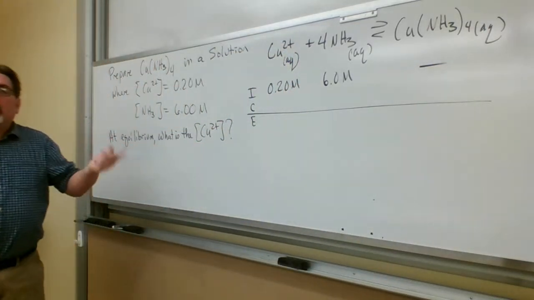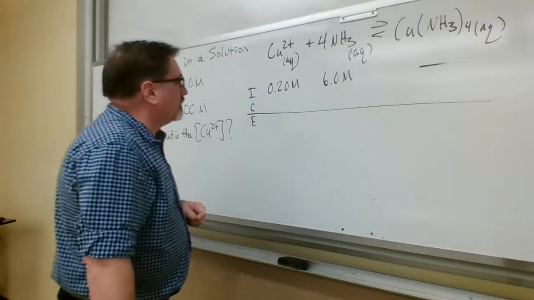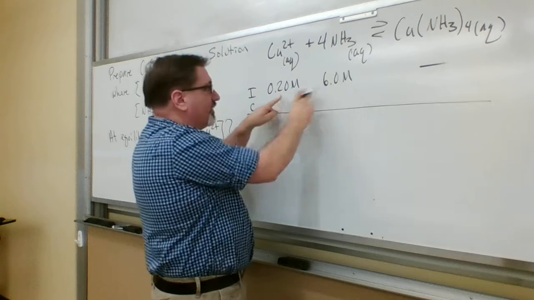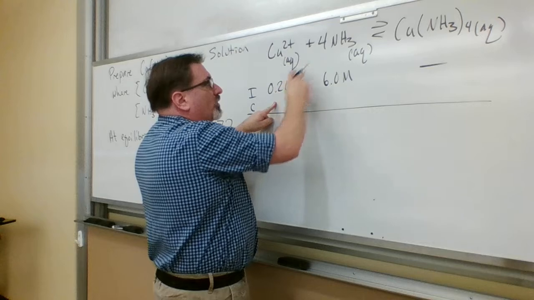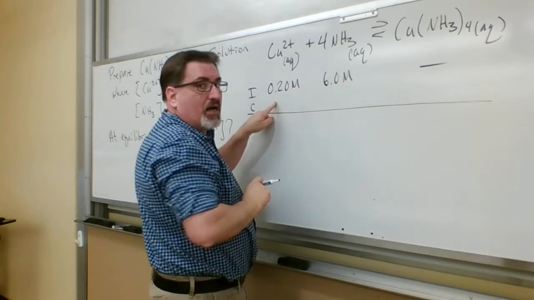Then as we allow this to change and reach equilibrium, we have to worry about the change row. Hopefully we can all agree that the 0.2 molar copper runs out first. Ammonia is used 4 times as fast, but there's more than 4 times the amount of ammonia that there is copper.